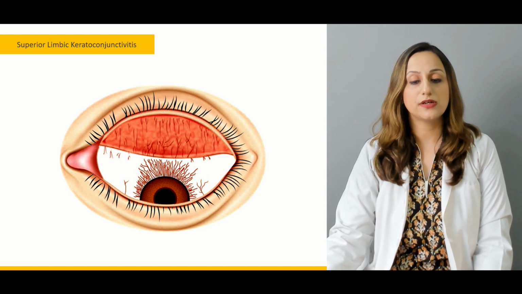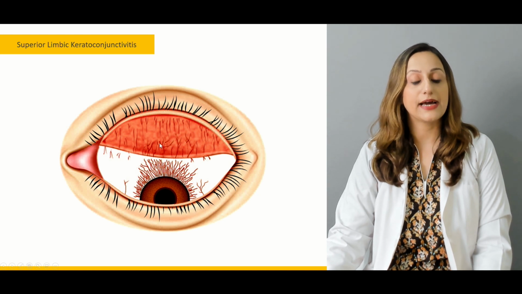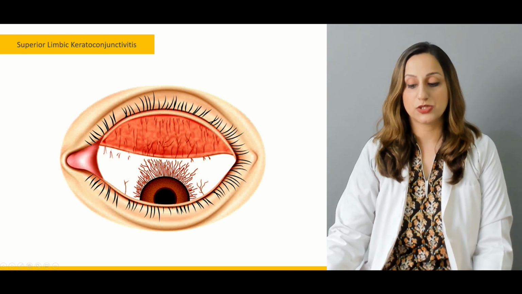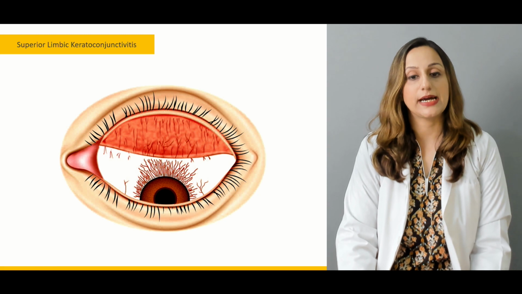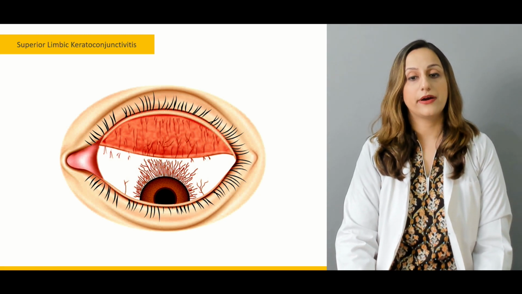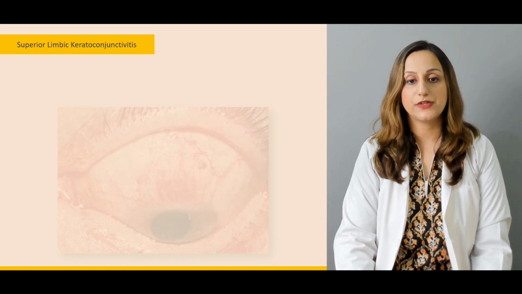As you can see over here, the limbus is involved, as well as the conjunctiva, which can be examined if you invert the eyelid and examine the bulbar part or the palpebral part of the conjunctiva. You would look for signs of congestion, and there are folds that are observed on the palpebral part of the conjunctiva.